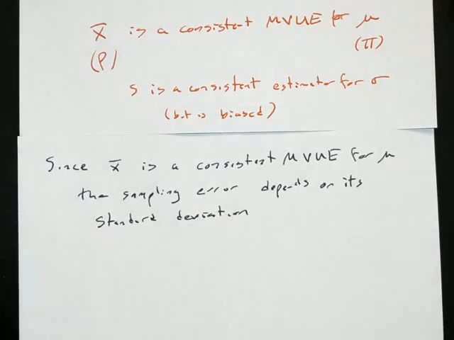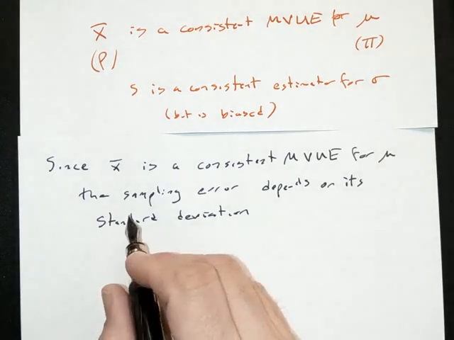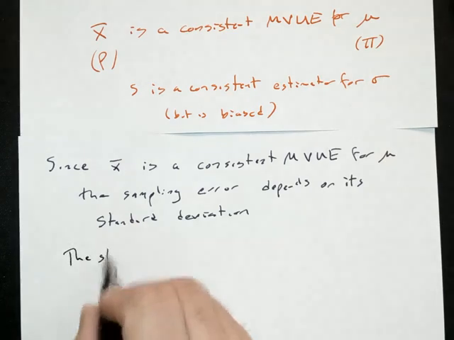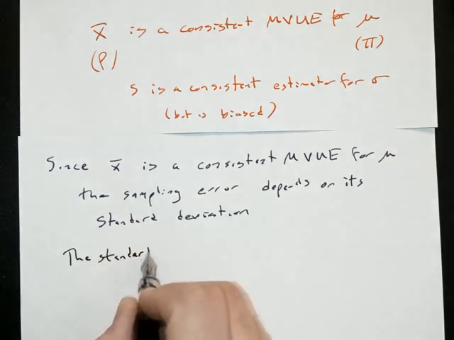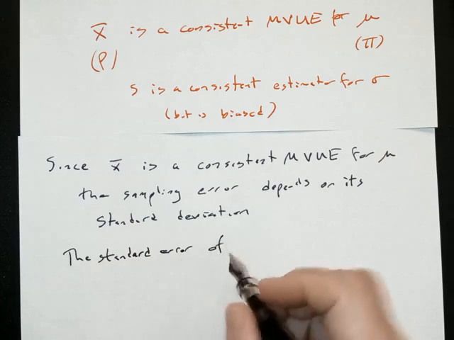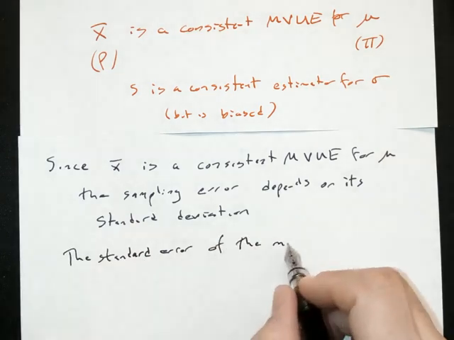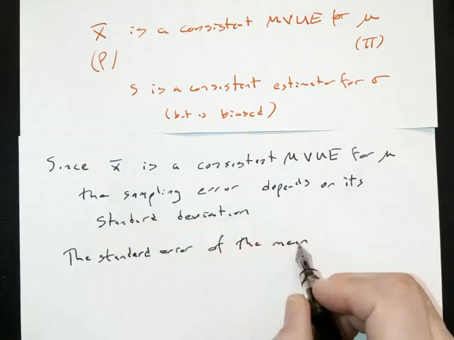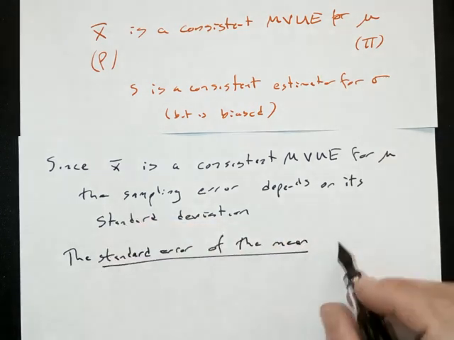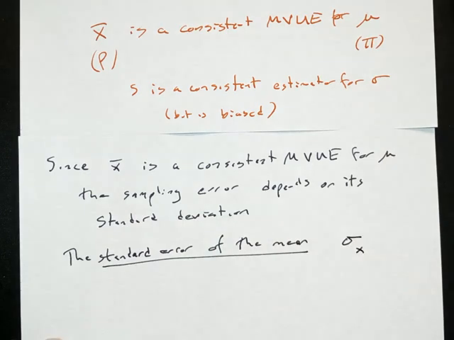The sampling error of my estimator is based on the standard deviation of the parameter. So we're going to call the sampling error the standard error of the mean. Because we're dealing with X bar and mu. Standard error of the mean, sigma x.